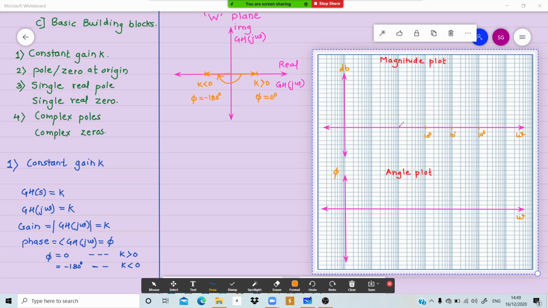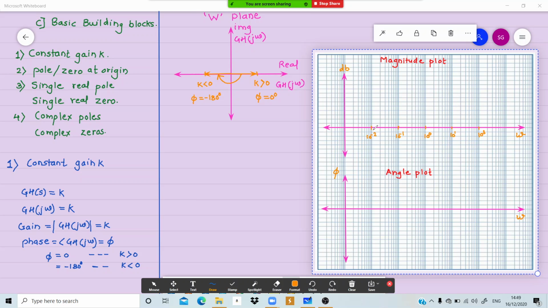On this side, it will be 10 raised to minus 1, which means 0.1. Then 10 raised to minus 2, that is 0.01, and it will continue. Never are you going to get 0.